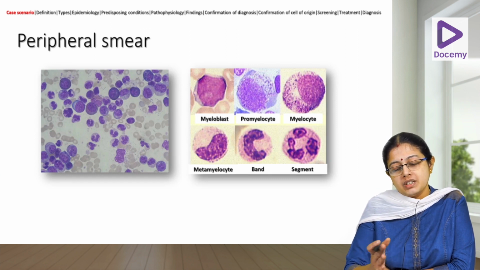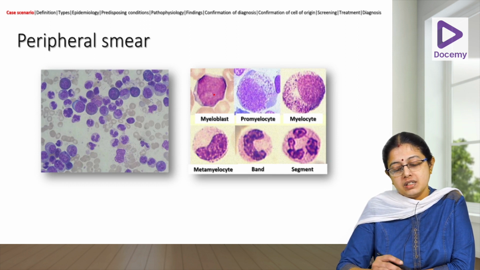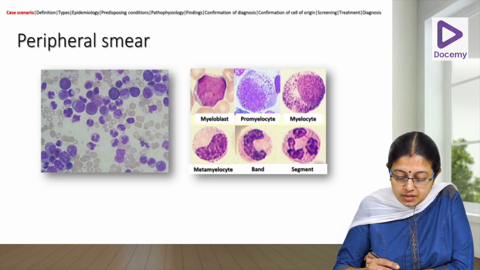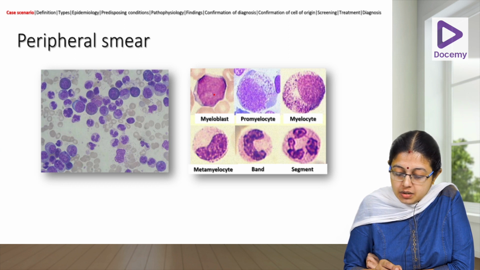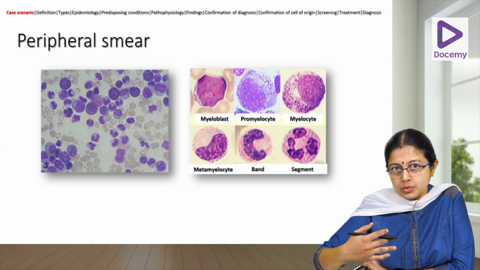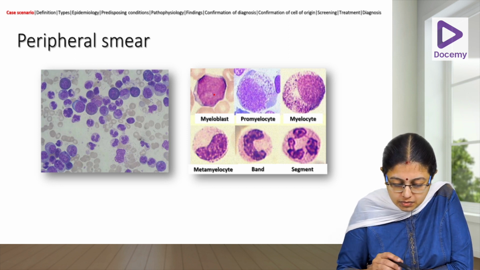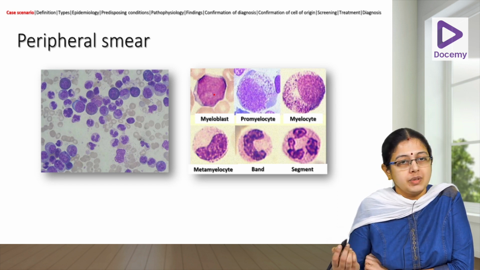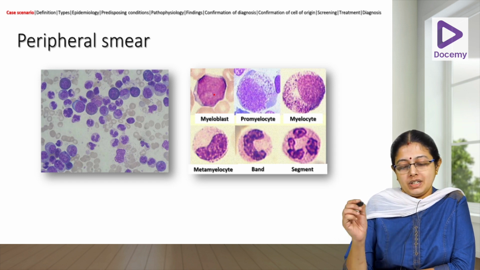You have all the myeloid precursors seen in the smear. So here you have the myeloblast, the promyelocyte with the granules, the myelocyte, the metamyelocyte where you have the nucleus regressing and the cytoplasm increasing, the band cell, and the segmented cells or the mature neutrophils where you have a lobulated nucleus.